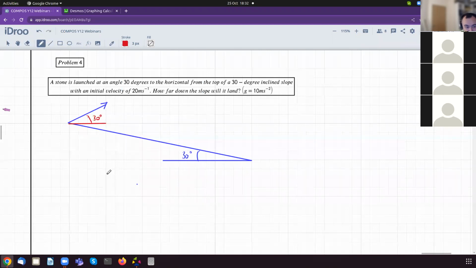I think in the assignment it is shot horizontally, so this makes it slightly harder. You can predict that the stone goes like this. And the question is, this is 20 meters per second, how far down the slope will it land? So we need to find L.